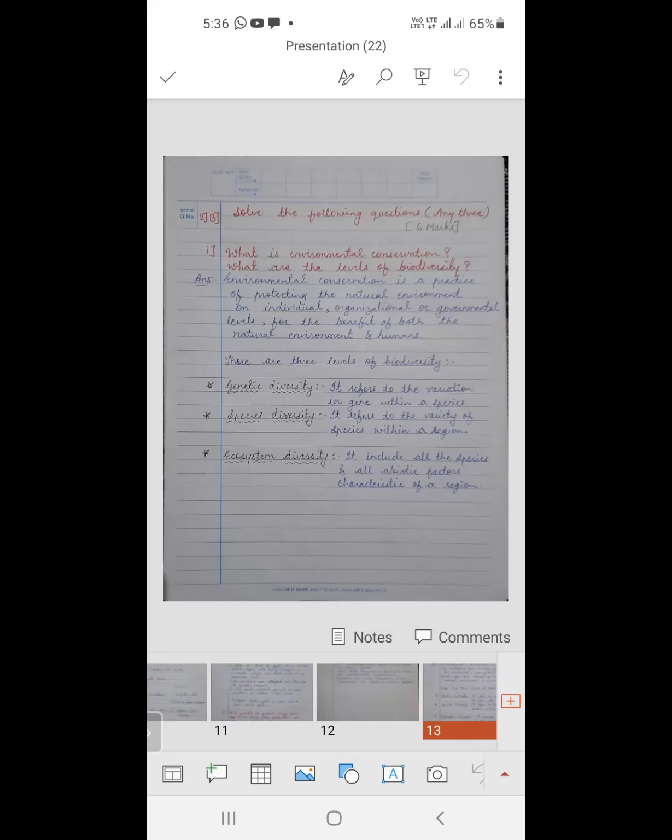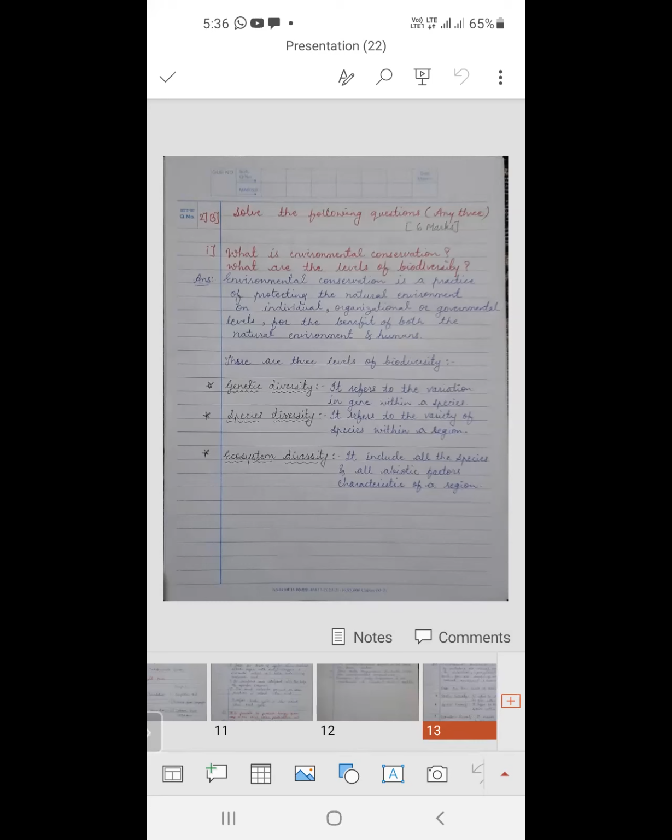Here each question carries 2 marks. If you only write the definition and don't write about the 3 levels in detail, you have to write 2 lines for each type. That will give you full score.